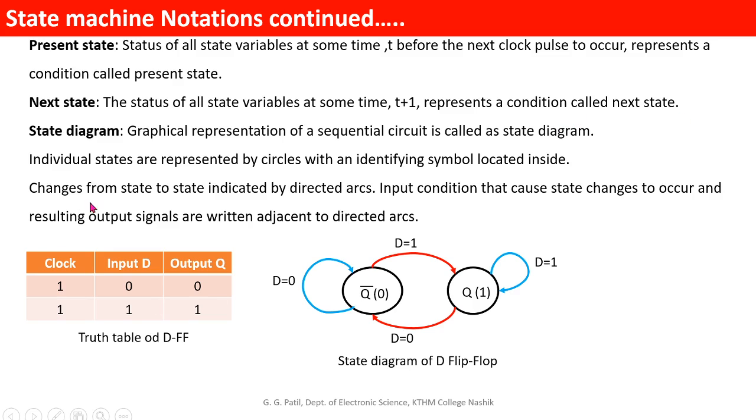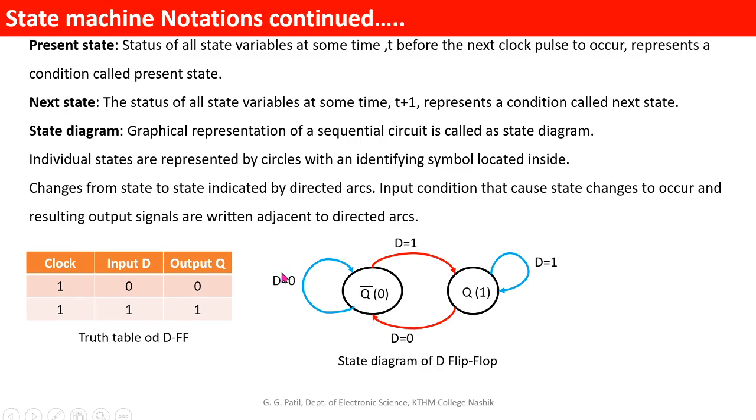The state diagram. The state diagram is a graphical representation of a sequential circuit. Now, how to draw the state diagram of a particular sequential machine? While drawing the state diagram, individual states are represented by circles with an identifying symbol located inside.